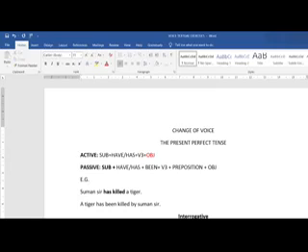Have or has sits in the beginning, and then comes the subject, and after that the V3, and then the object, and at last there is a question mark. That is the active form.